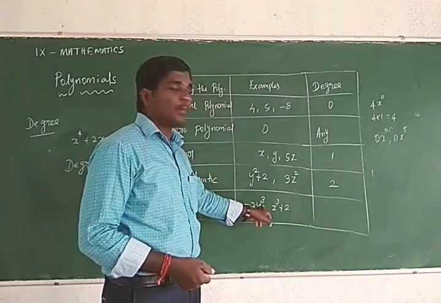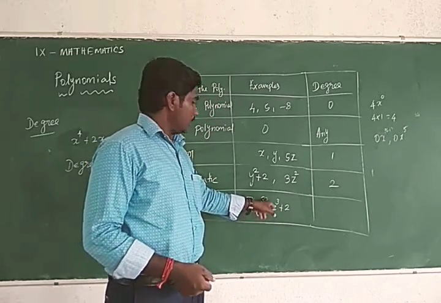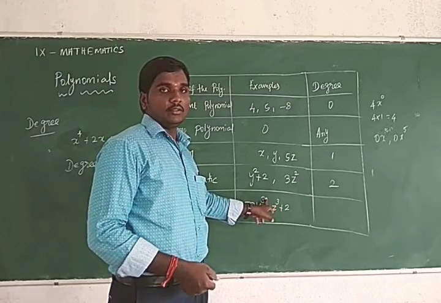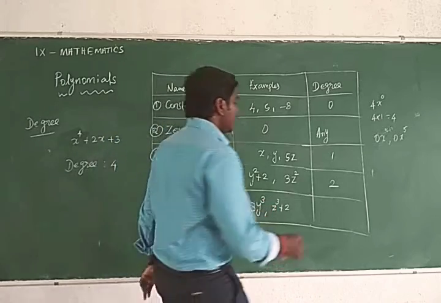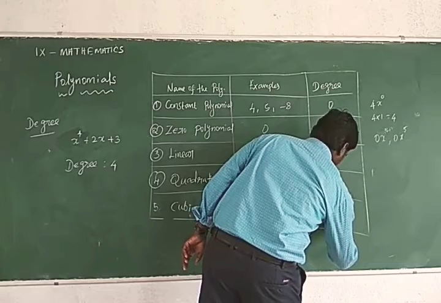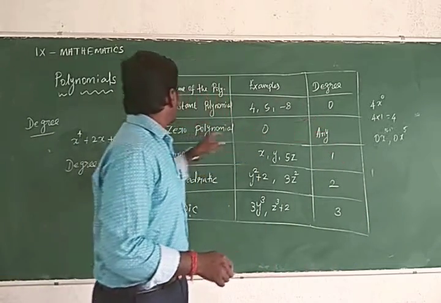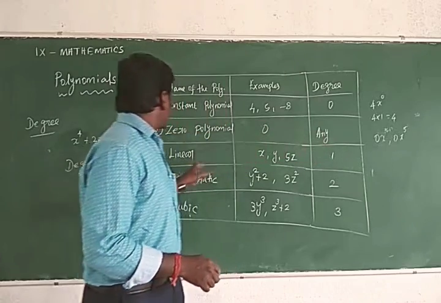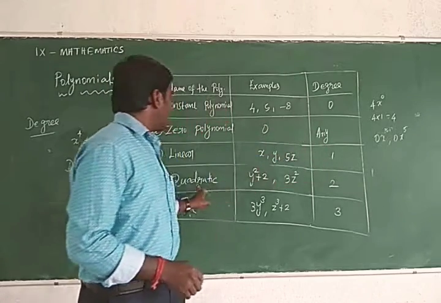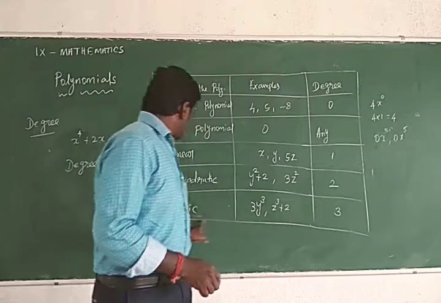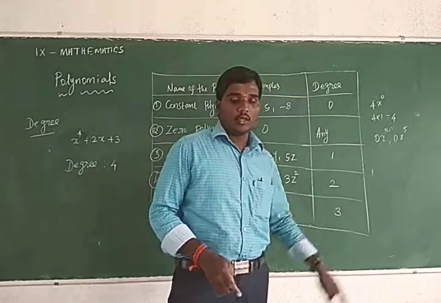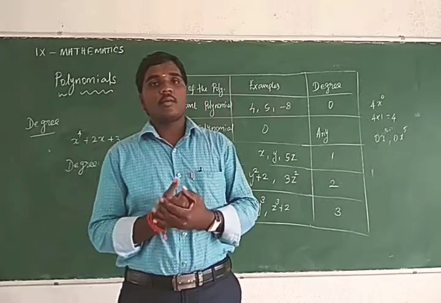What is the highest power? 3. The highest power 3 is the degree. So the degree of this polynomial is 3. So constant polynomial has degree 0, zero polynomial has any degree, linear polynomial 1, quadratic polynomial 2, cubic polynomial 3. Okay, that's all. Today's class is over. Thank you.